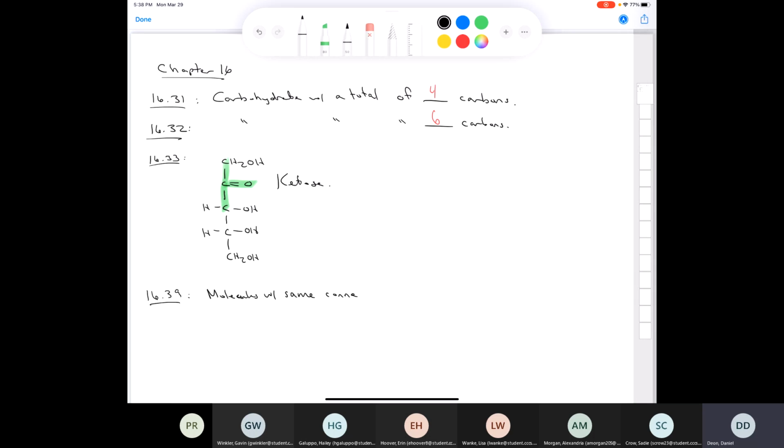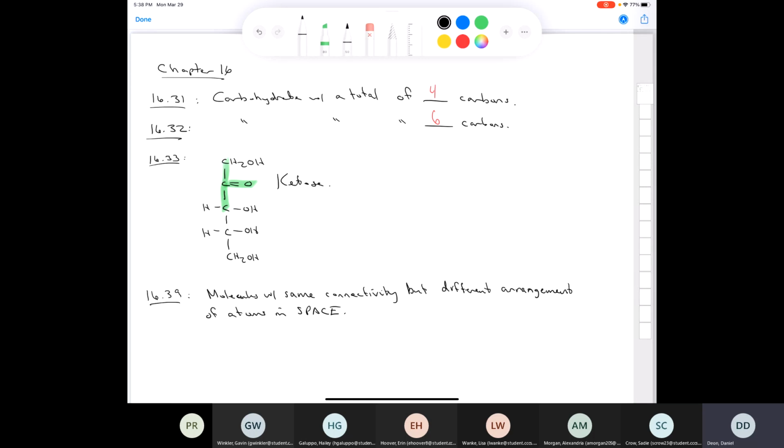So with the same connectivity, right? But different arrangements of, and you got the key word there, atoms in space. Right? So the way that they differ is in their three-dimensional structure, right? It's in their three-dimensional structure. And we talked about what enantiomers are and diastereomers and all that kind of stuff.